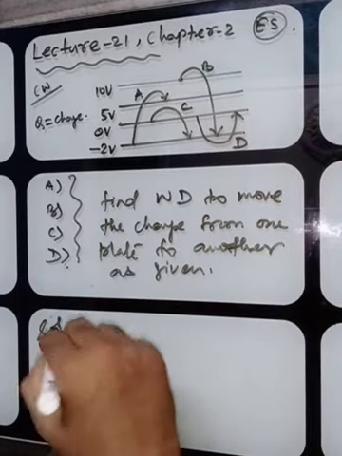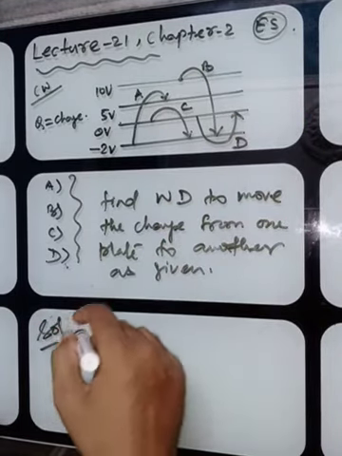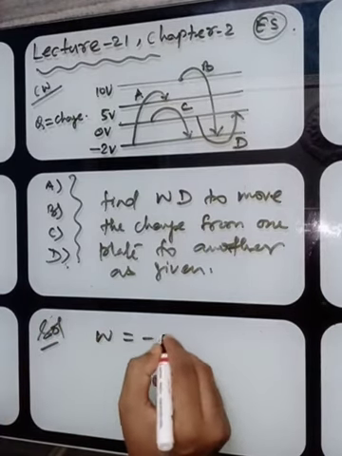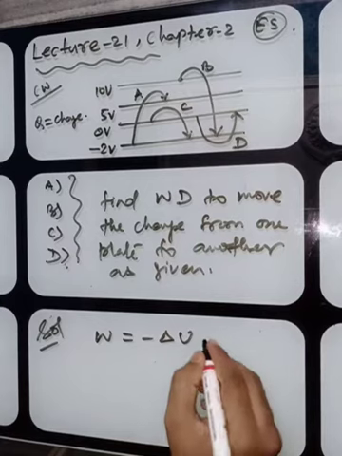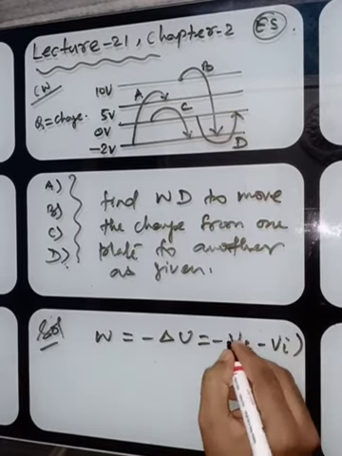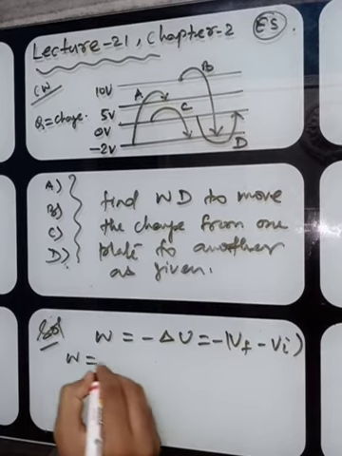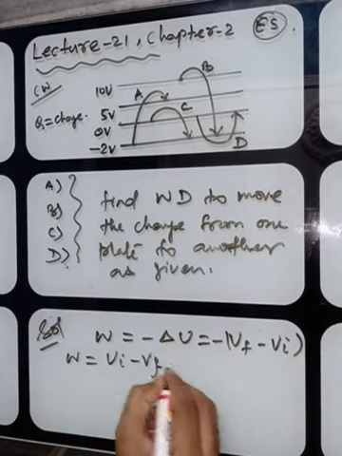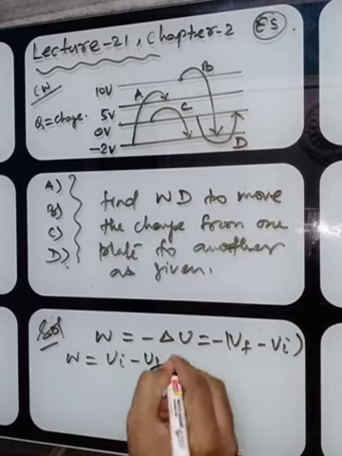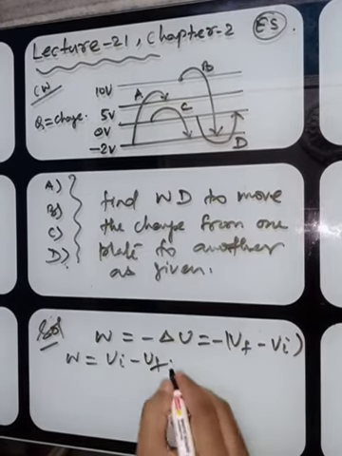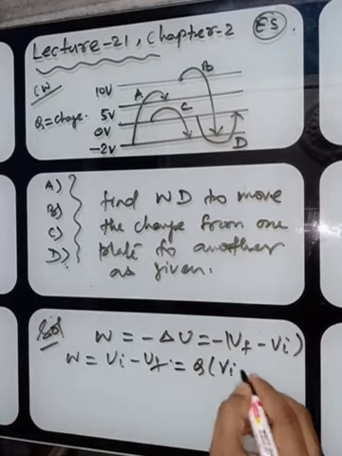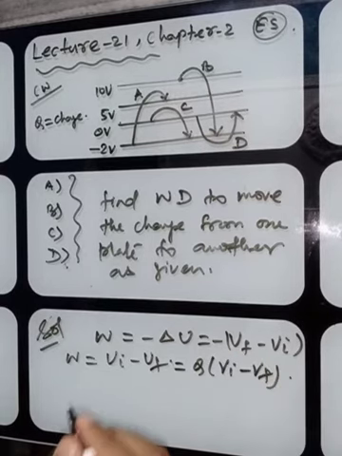So this is the solution. The first one: as we know, the formula of work done is minus delta U. I hope you remember, it can be minus U final minus U initial, and this can also be U initial minus U final. And this U is nothing but Q times V, that is, V initial minus V final.